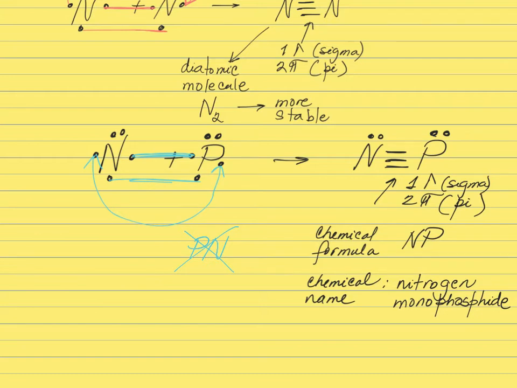By the way, I think that I made a mistake. It's not NP, I mean, it's the one with less electronegativity. See? I made a mistake over here, so I'm erasing that.